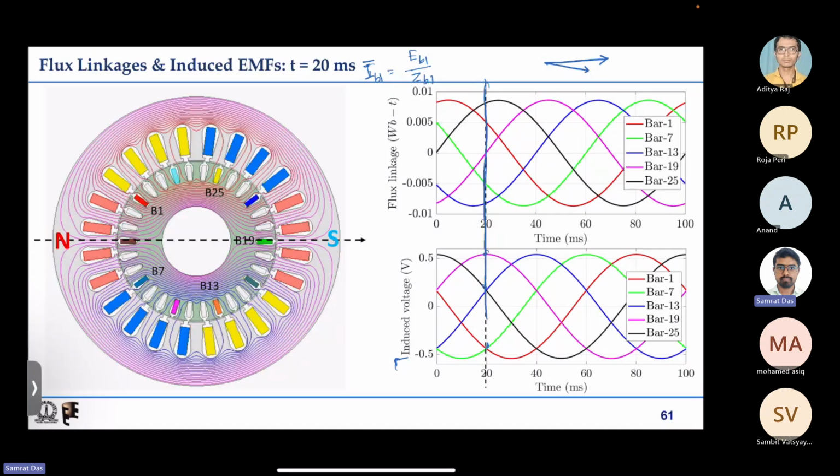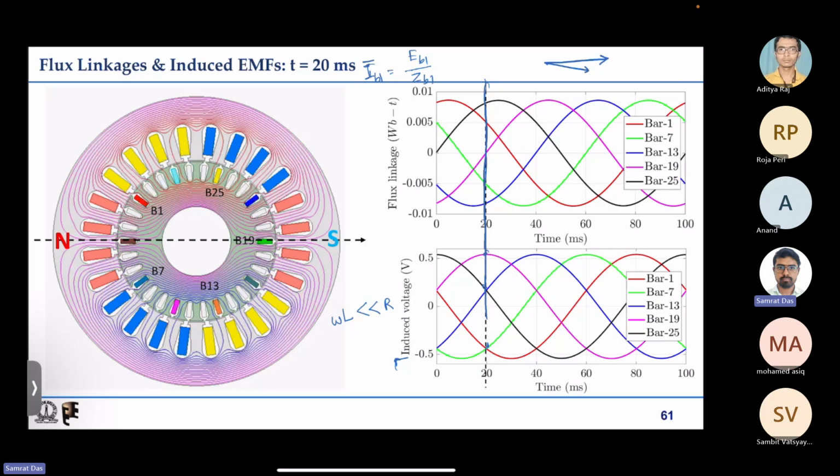Now we took a realistic assumption that for rotor bar current, because the induced voltage frequency is very low, whatever the rotor frequency is, that multiplied by L is very low compared to the rotor bar resistance.